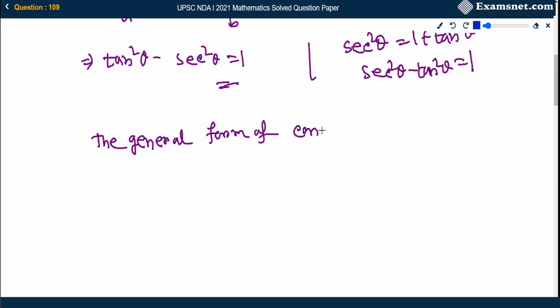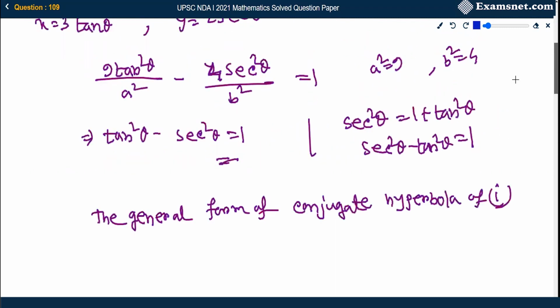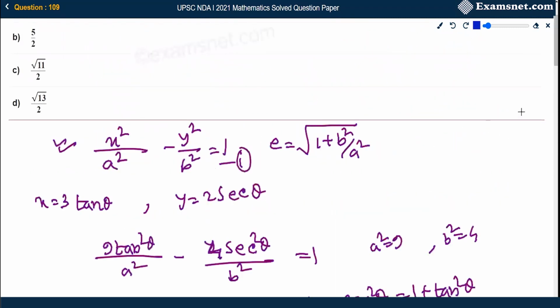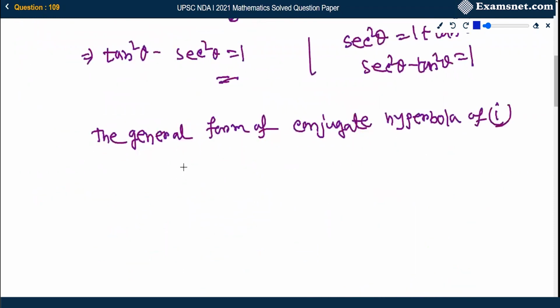of the conjugate hyperbola of 1, if I name it 1, so that is y square by a square minus x square by b square equals 1. Okay, so look here.